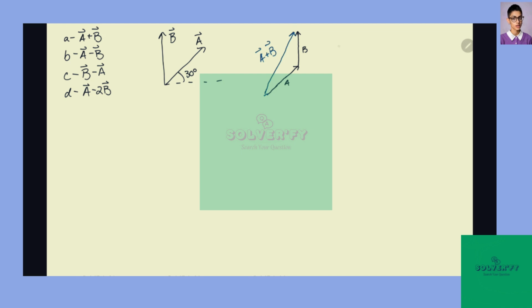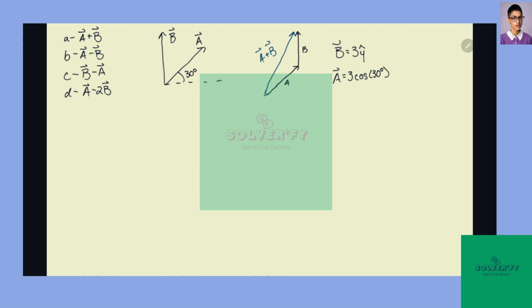Starting off, B is pretty simple because it is completely in the vertical direction. So it's just going to be 3 meters in the y hat direction. You might use j hat, doesn't matter, just means in the vertical direction. For vector A, we have that it's 3 meters times the cosine of that 30 degrees.